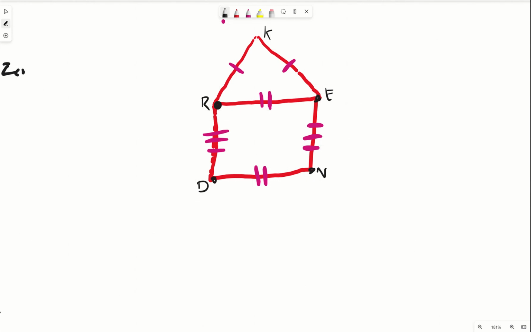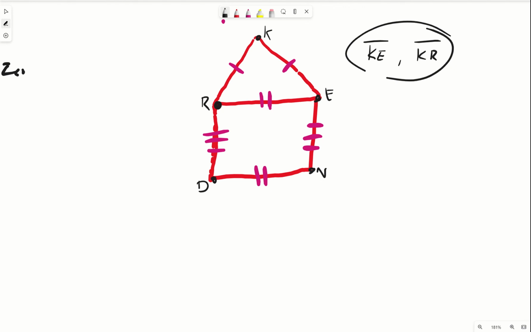All right, 2 congruent line segments. I'll say, well, line segment KE and line segment KR, these are congruent. Those 2 are congruent. All right, give me 2 other congruent line segments that exist on this plane.